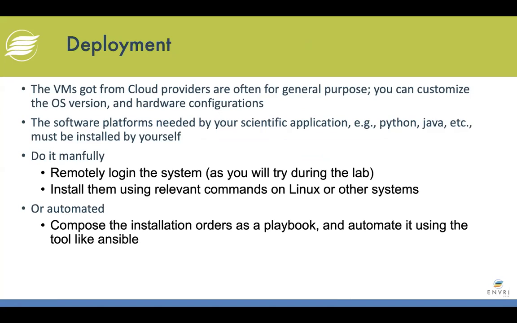So the deployment. If you look at deployment in the very classical way, which means you're only dealing with software code, then what you normally receive from the administrator when the VMs are there is just a username, password, and an IP address. Basically, you just get an empty system.